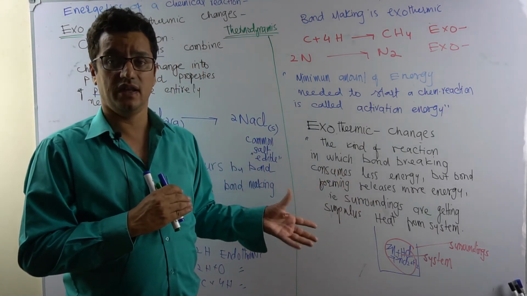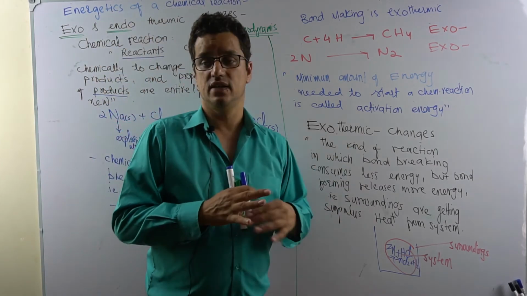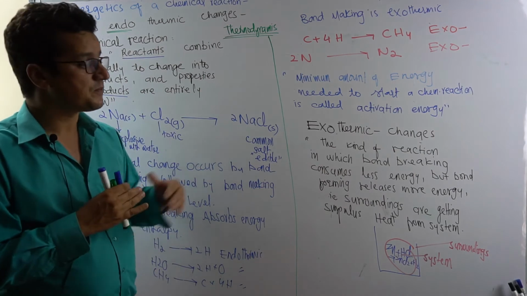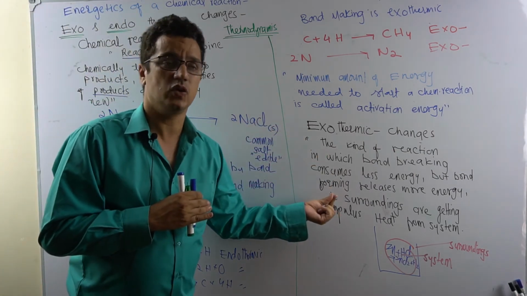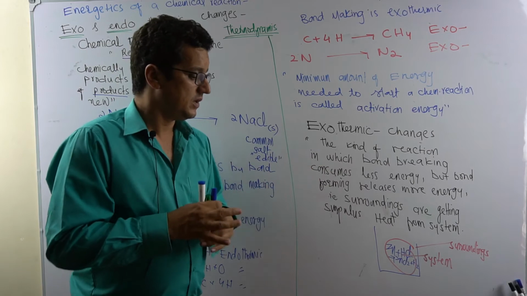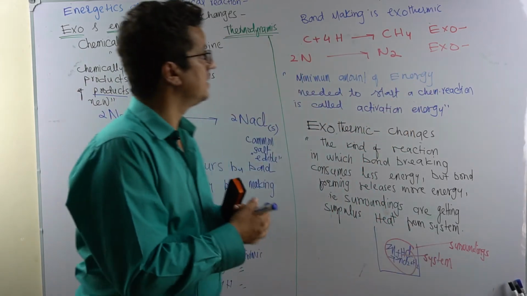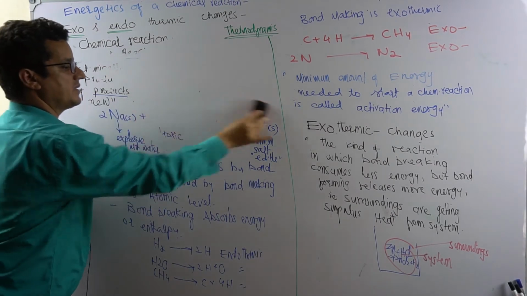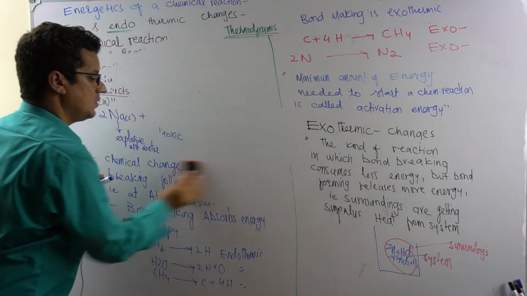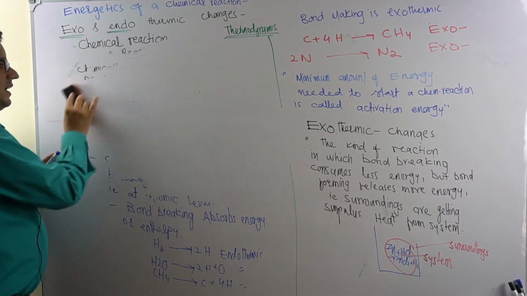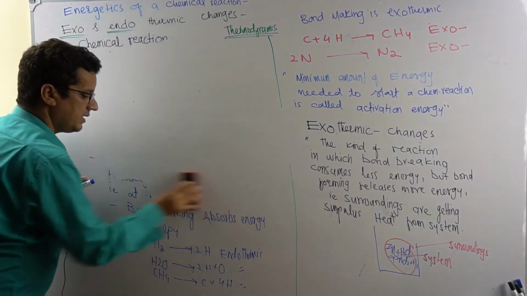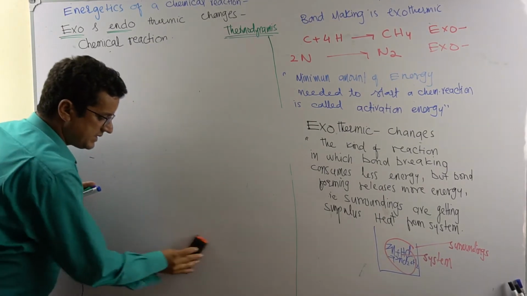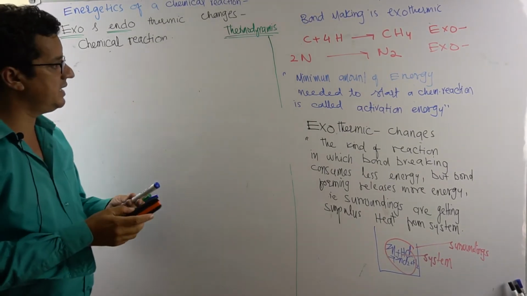In an exothermic reaction, on the other hand, the released energy is also acting as the activation energy. So they become spontaneous. You'll find that if we draw an energy profile for an exothermic reaction, we need to show the energy axis and the course of the reaction, and a certain initial level of the reactants and the products, and basically the absorbed energy and released energy.